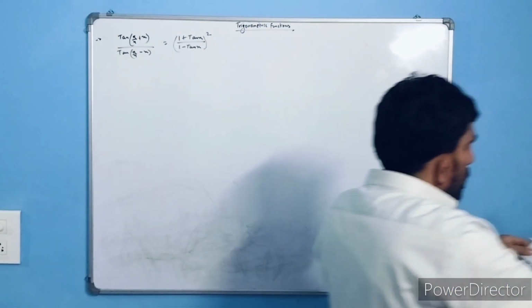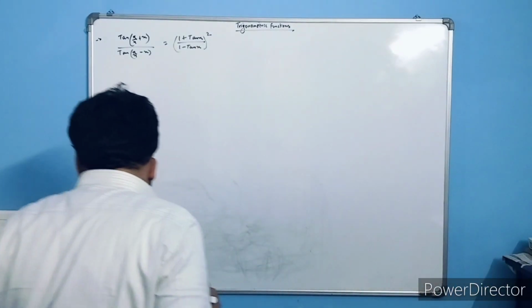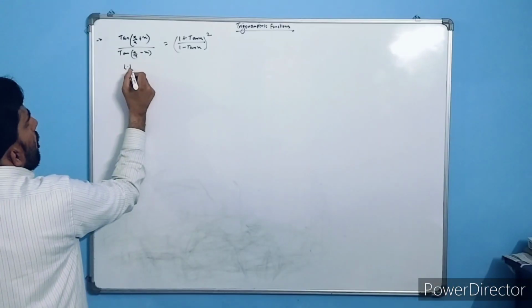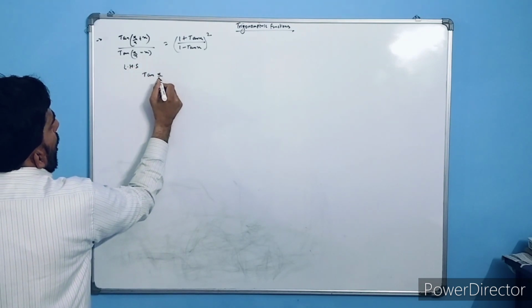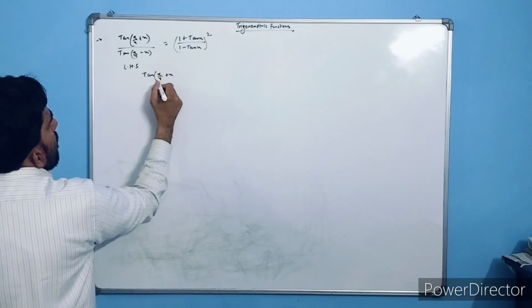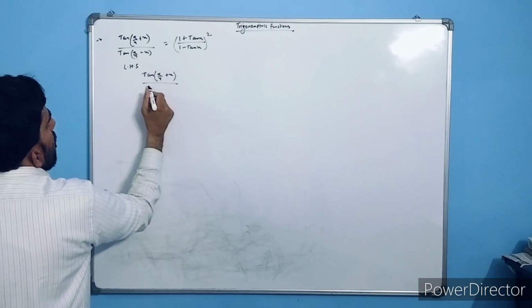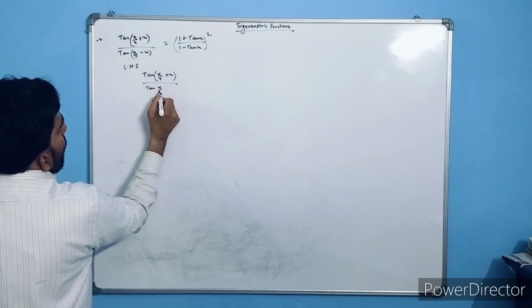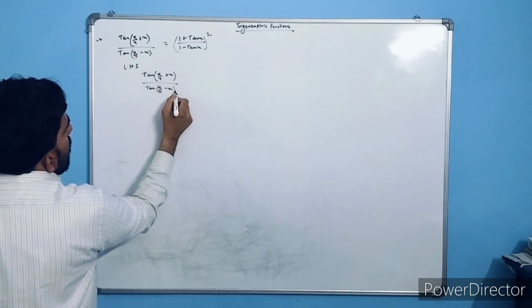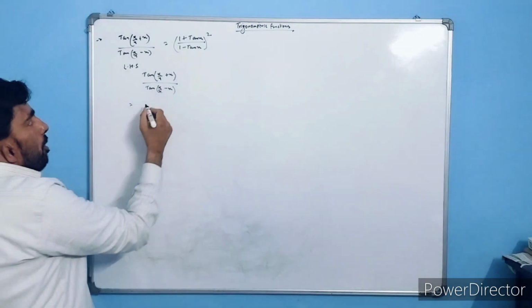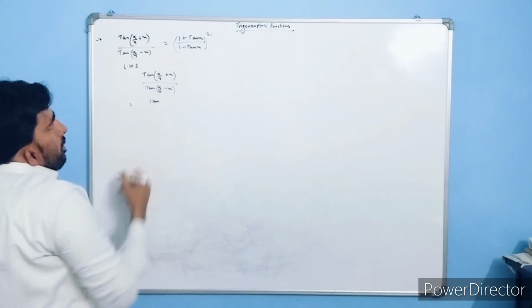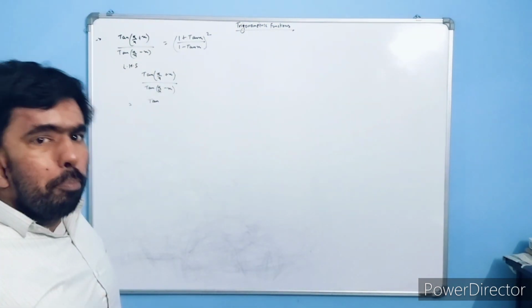Now let us try to sort it out. Now let us solve first LHS. Now tan of pi by 4 plus x upon tan of pi by 4 minus x. Now let us try to solve this. Tan a plus b. What is the formula for tan a plus b?